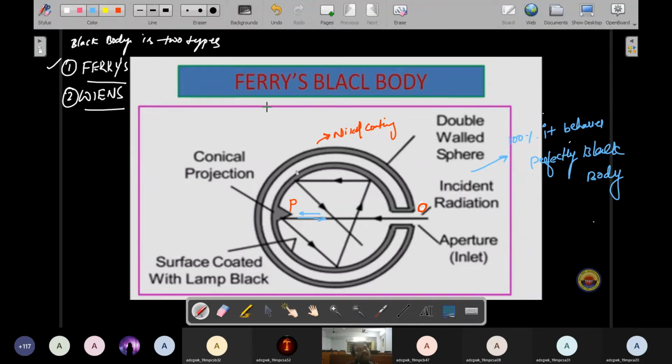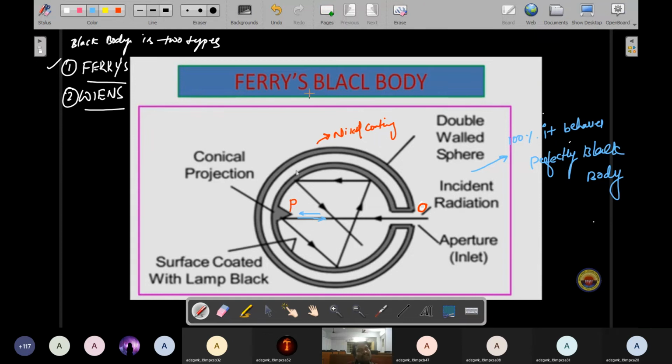Actually, Ferri designed a double wall sphere type black body, but in the previous class I explained what the black body device is. I am using a ball type of black body, and only the top side of the ball is coated with the black coating. Some light is incident on that black body and it will be absorbed.